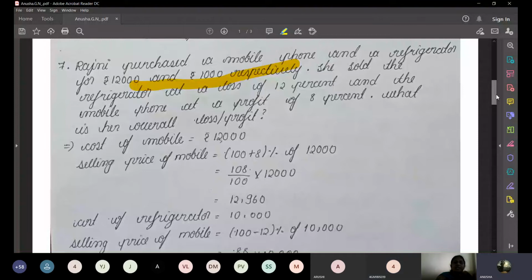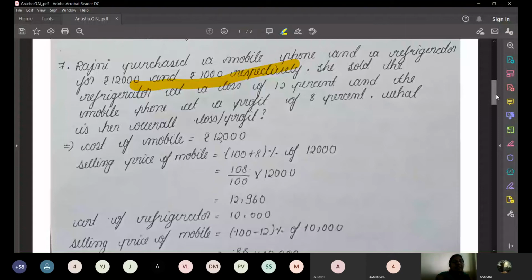That means she is selling the second product at a loss of 12%. So cost 100 minus 12. The selling price is not given. See, this problem looks very simple, but we have not done such simple problems, we always do complex problems. Here they have not given the actual selling price.